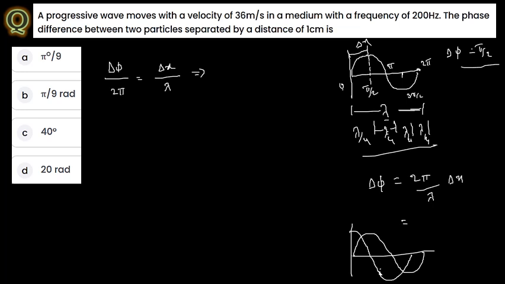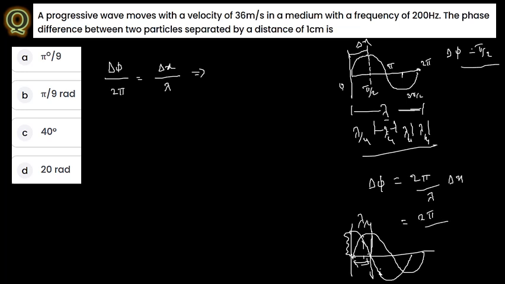So this is about the common point. If you find out the distance between these two, it is lambda by 4.